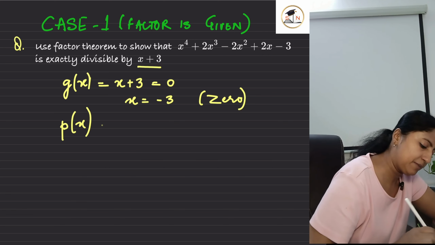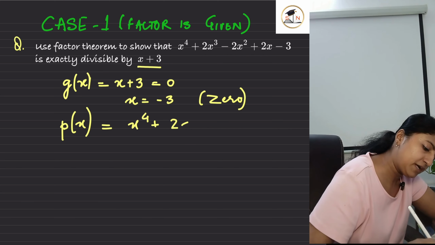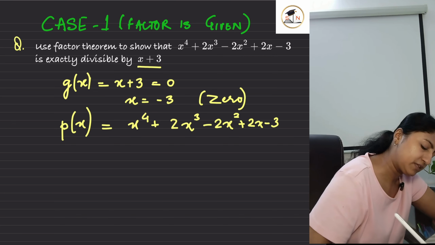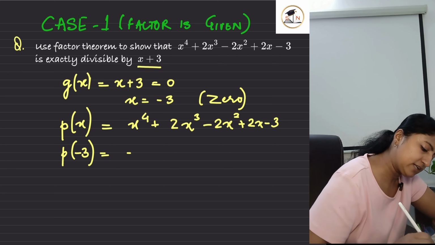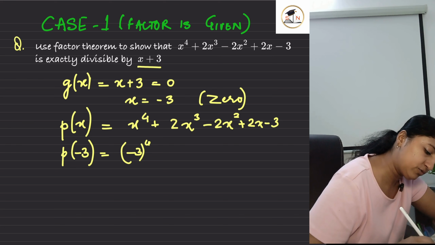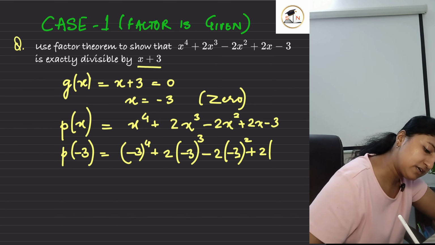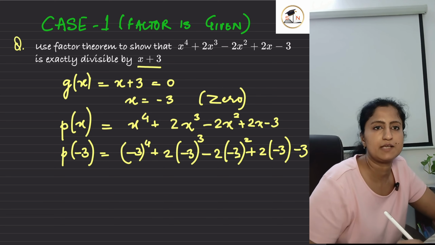The first polynomial, I'm naming it as p(x) equals x to the power 4 plus 2x cubed minus 2x squared plus 2x minus 3. So I will substitute the value of negative 3 over here and let's calculate. We have negative 3 to the power 4 plus 2 times negative 3 to the power cube minus negative 3 square plus 2 times negative 3, and we have negative 3 once more as a constant.